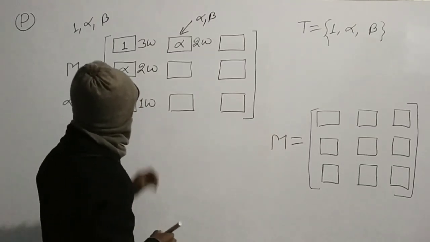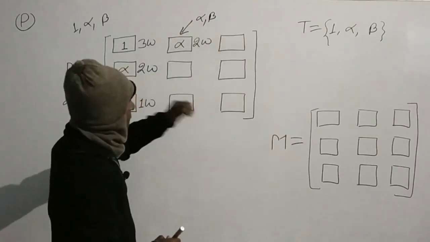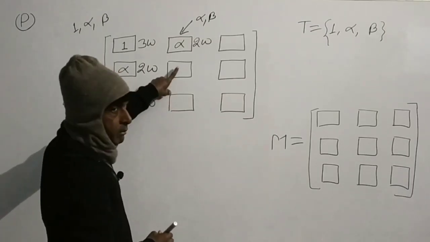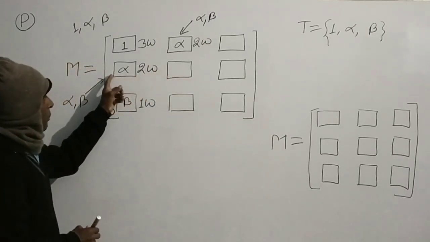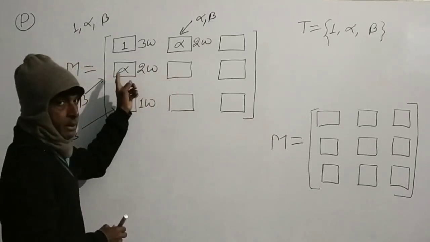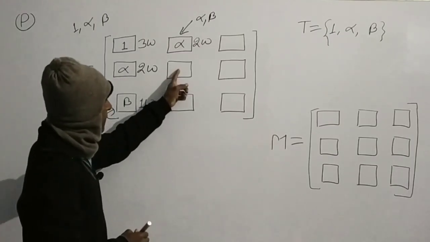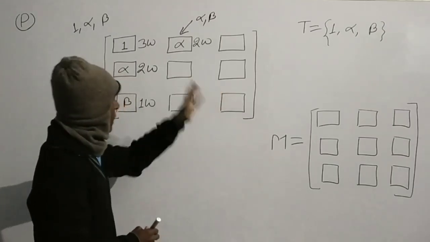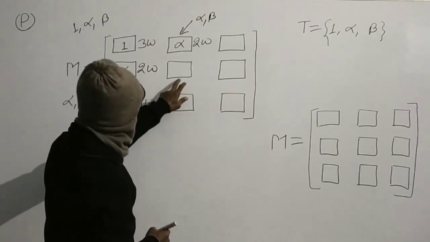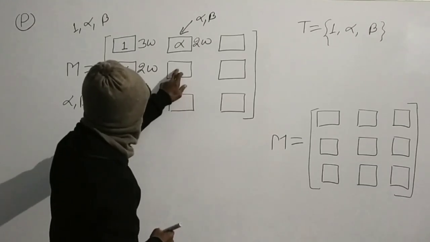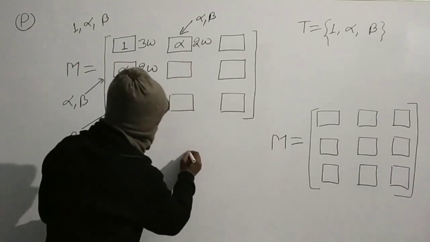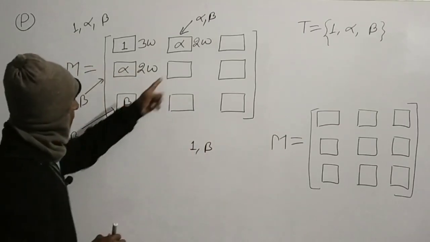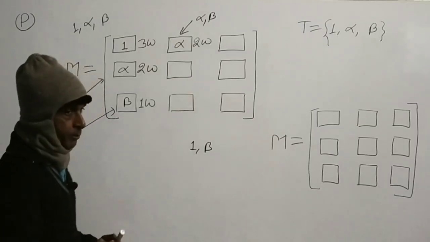Now there is left beta, but 1 can also be filled here because 1 is not here. Therefore, if we write 1 here, then the sum can be equal to 0. Therefore, it seems that we can fill this place by any one of 1 or beta.